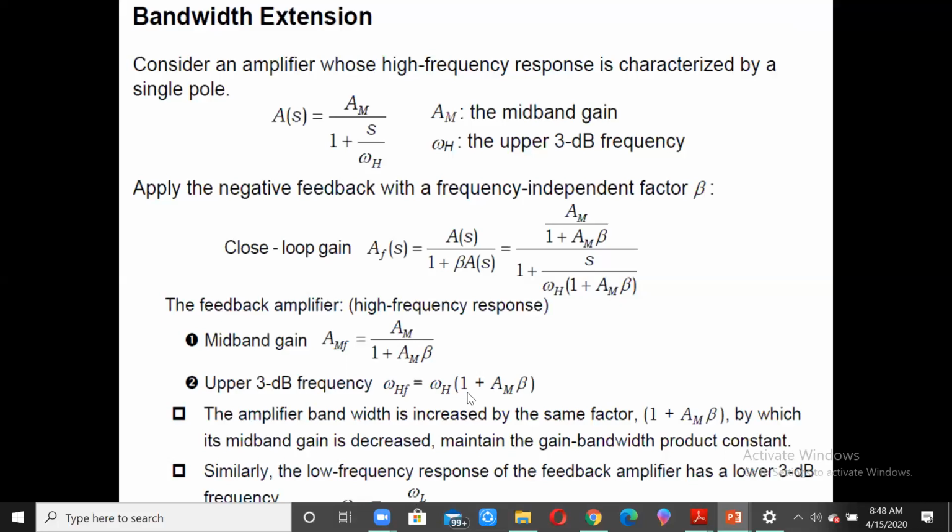Thus, generally the bandwidth is almost equal to the upper 3 dB cutoff frequency if we neglect the lower 3 dB cutoff frequency. Hence, we say that the bandwidth is also increased by 1 plus AM beta. So that is the bandwidth extension.